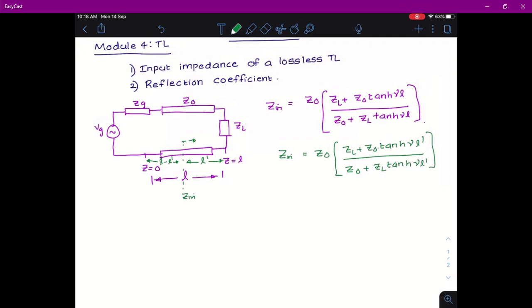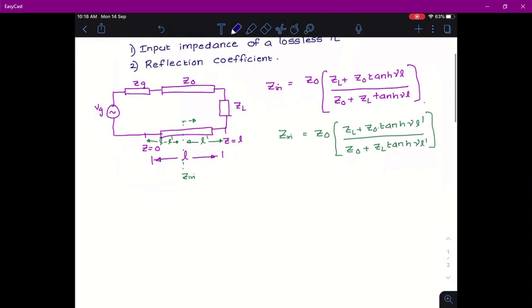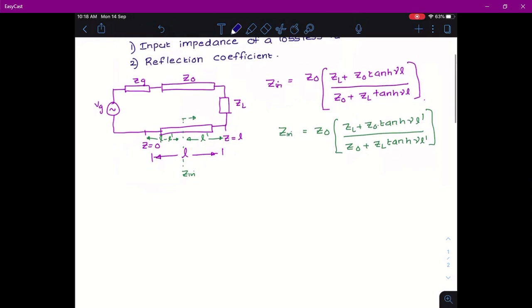Now let's look at some more specific case of a transmission line, which is the lossless transmission line. We have seen earlier that a lossless transmission line is one in which the wave propagating through it will not encounter any attenuation.